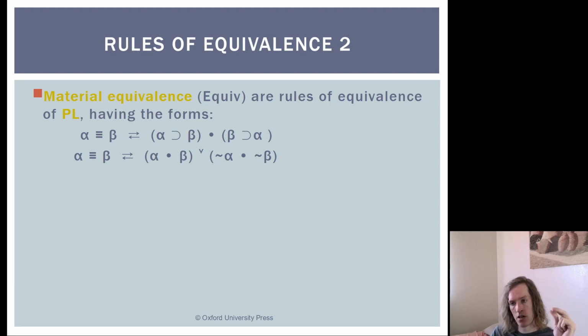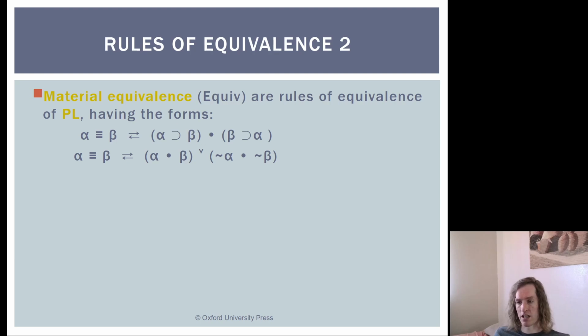However, we can also express alpha if and only if beta as a disjunction between either alpha and beta, or it is not the case that alpha and it is not the case that beta. Now, this one will make sense if you think about it in terms of what the conditions for a biconditional being true are. Either both sides of them are true or both sides of them are false.